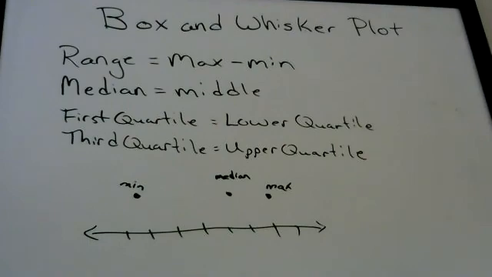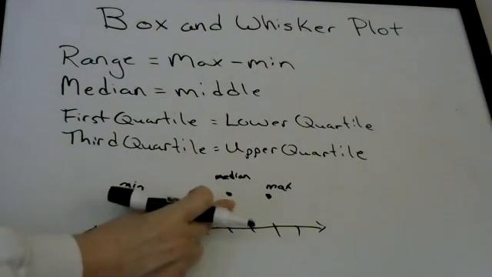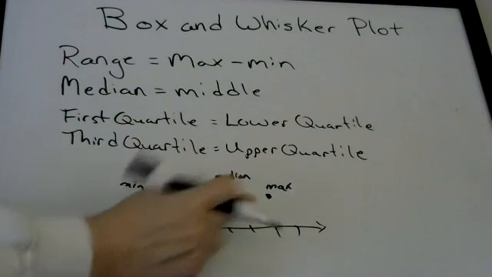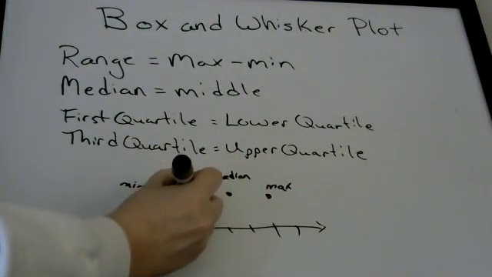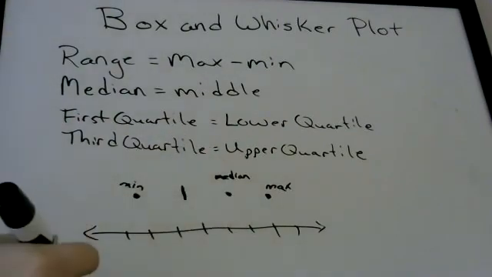And then what you're going to do is divide your data set into quartiles or fourths. A quarter is a fourth of a dollar, right? 25%. So you're going to look at the data between here and find the middle. And that's going to be your first quartile.